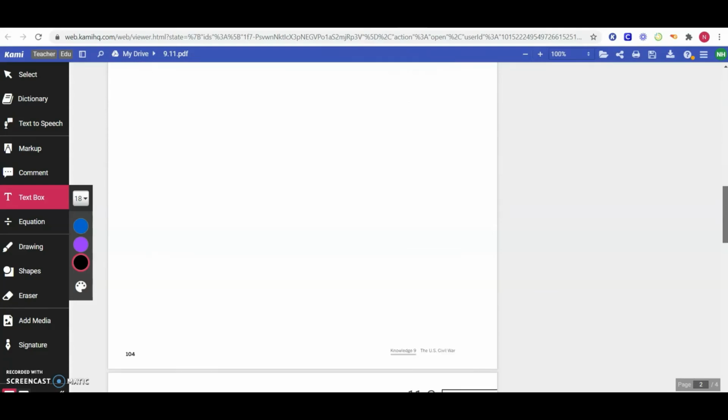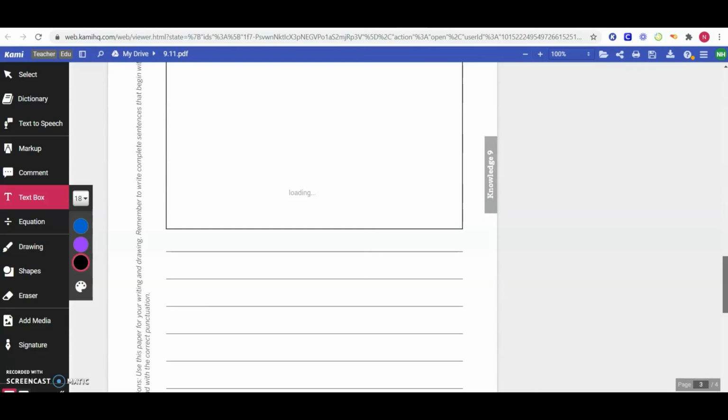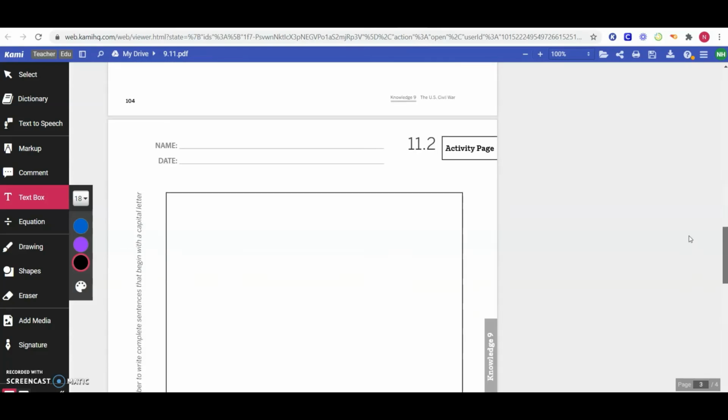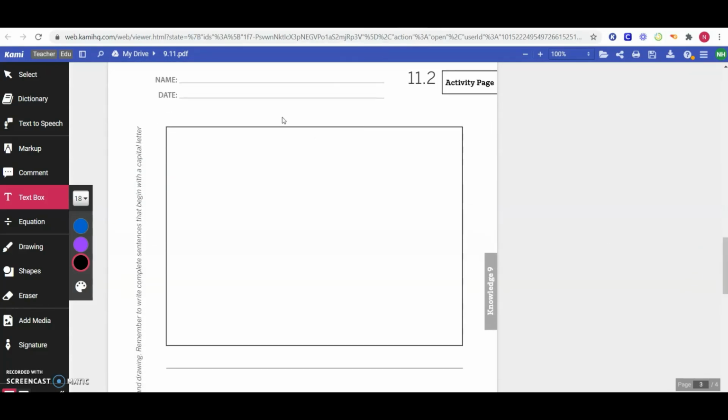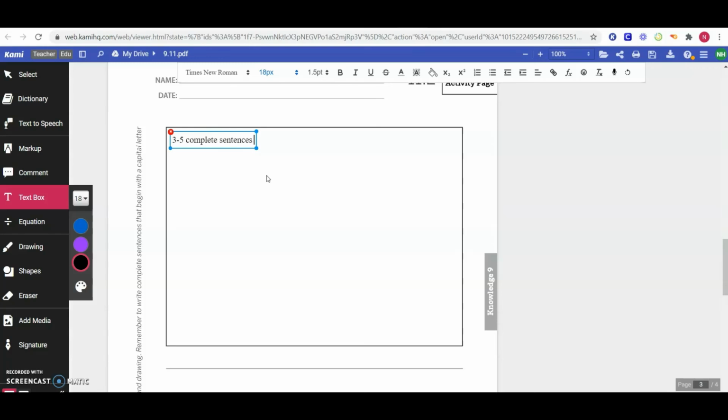Speaking of complete sentences, my friends, on the next part of our assignment today, we have another Civil War journal entry. Like all of our past Civil War journal entries, this one will be 3 to 5 complete and full sentences.